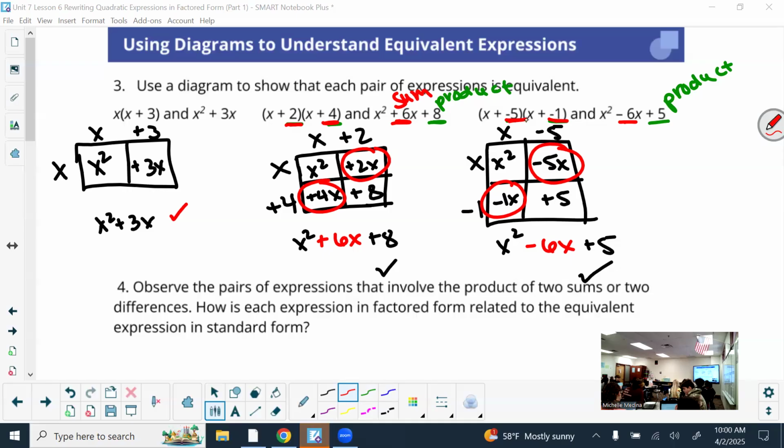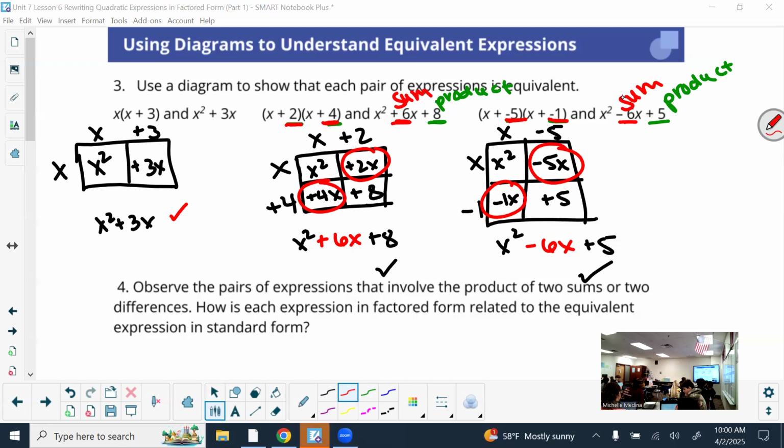They wrote it like this to remind you that X minus 5 and X minus 1 is the same as X plus -5 and X plus -1. It's still a sum, even though they have subtraction signs, technically. You're still getting those two numbers by adding.